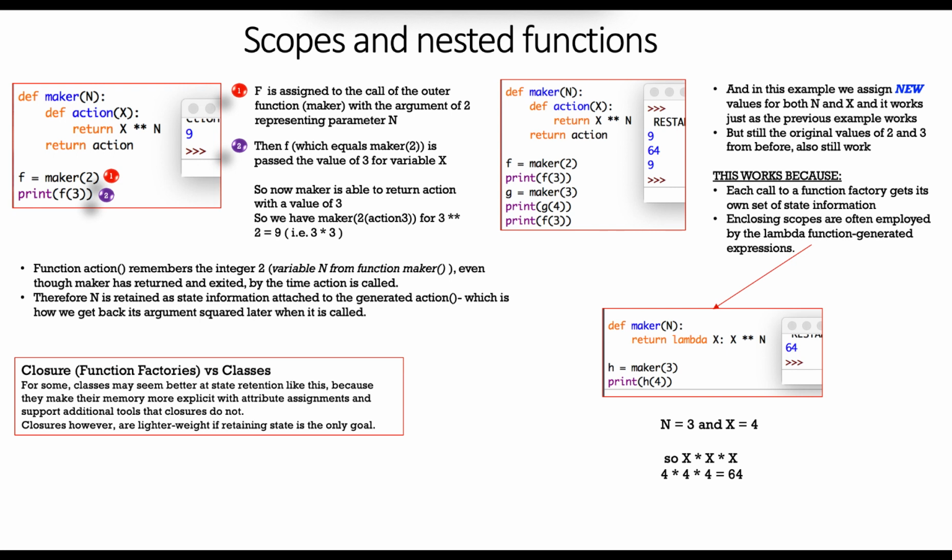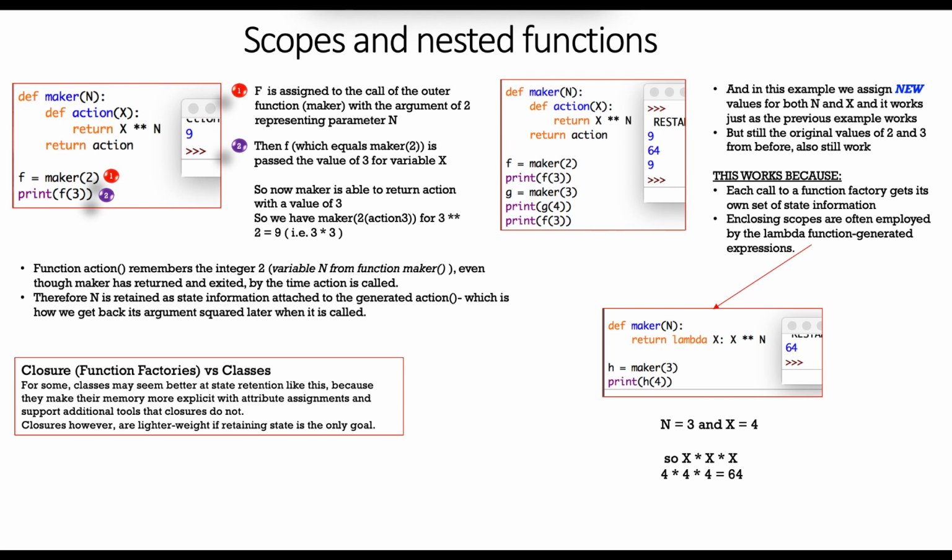And if you look on the right-hand side, in this example, we assign new values for both n and x, and it works just the same as in the previous example. But what we're showing here is we can still go back to the original values of 2 and 3 from before, and that still works. Why is this? That's because each call to a function factory gets its own set of state information.